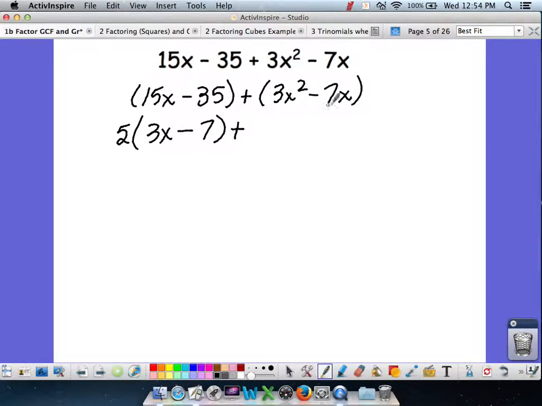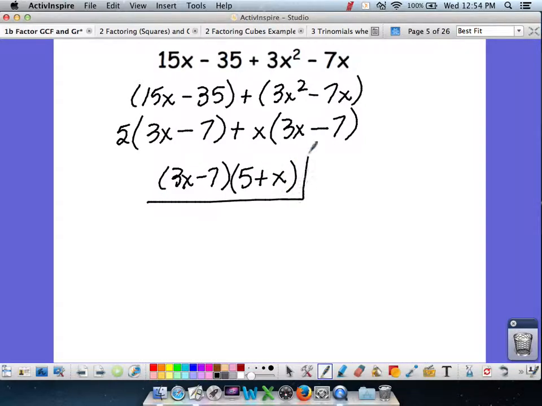Plus, what I have common in the second binomial is an x. Taking that out, I'm going to have 3x minus 7. Again, I can see the binomials that I have in common, 3x minus 7 times 5 plus x. That would be my answer.